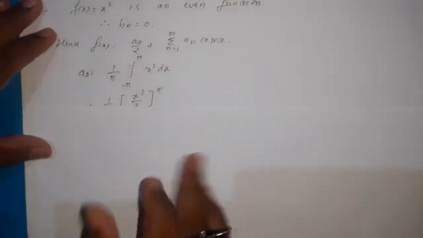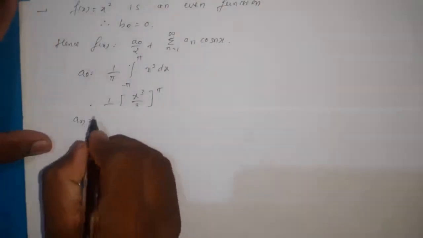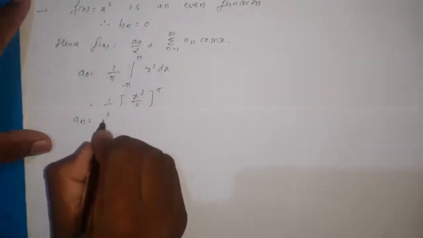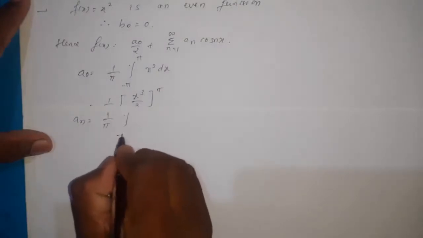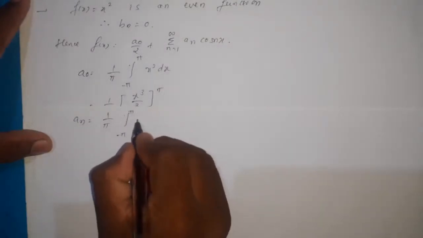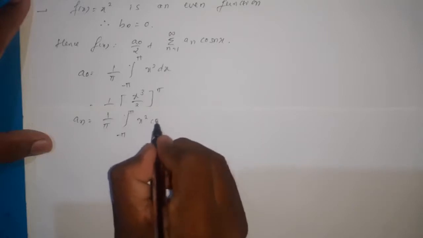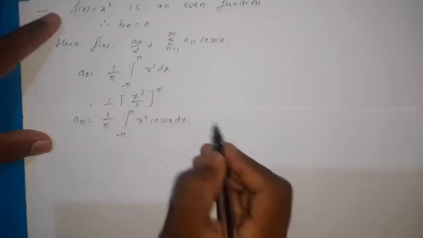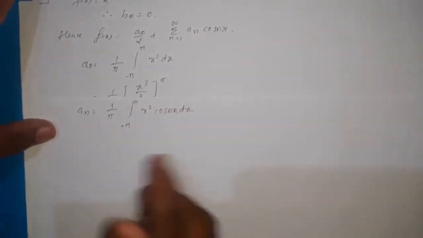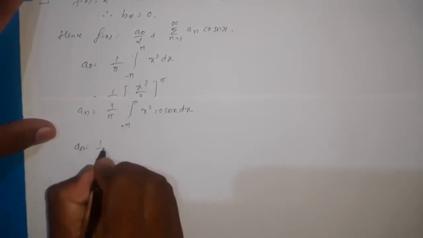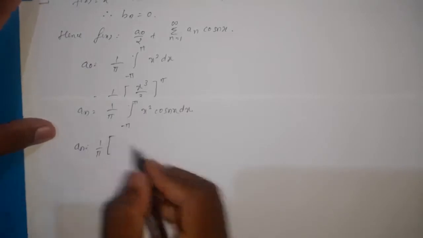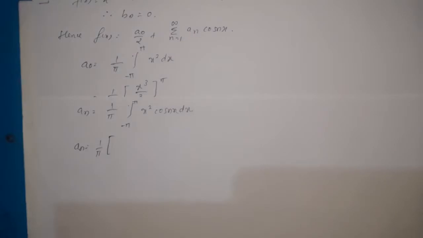Then an, so an is equal to 1 by pi minus pi to plus pi f of x cos nx dx. So now an equal to 1 by pi. Here we can use the Bernoulli rule of integration, because that x square become 0 after 3 differentiation.